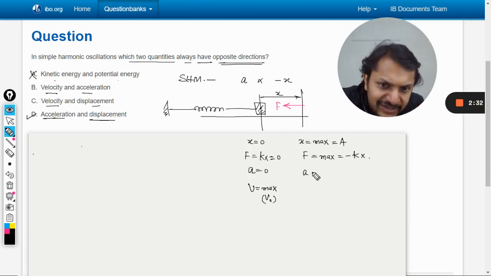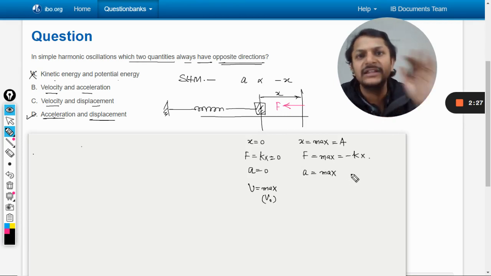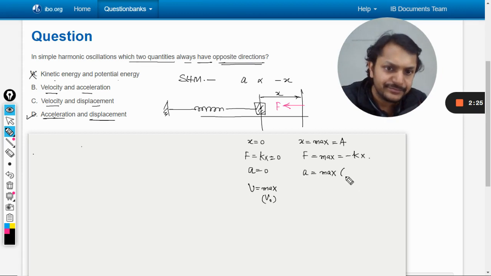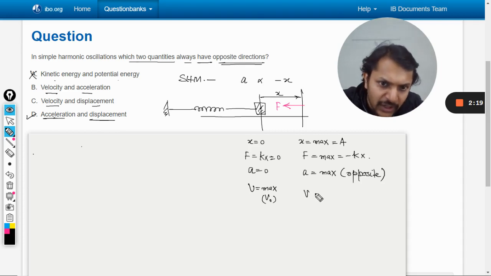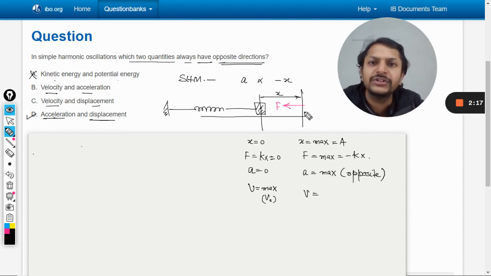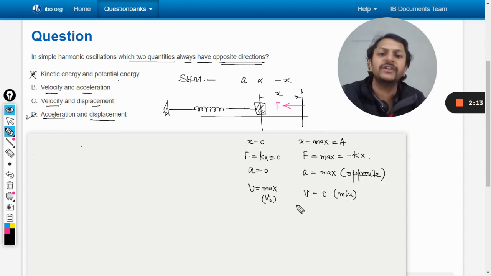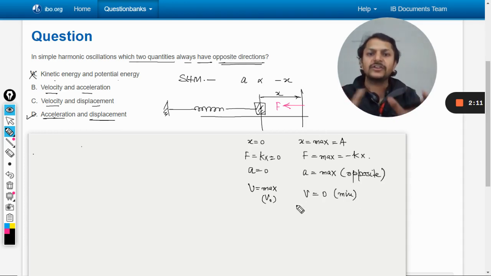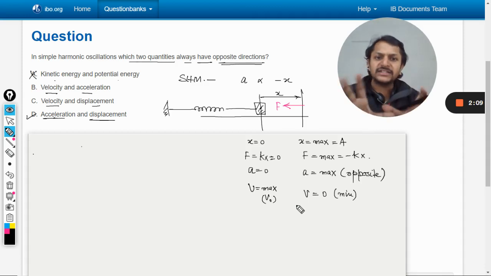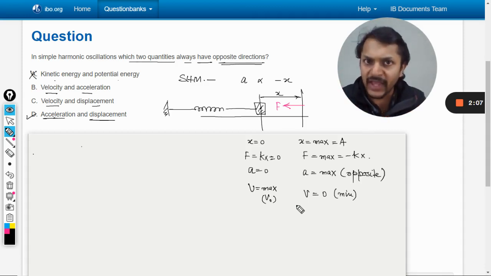So the acceleration will also be maximum here, and it will be in the negative, opposite direction. And what about the velocity now? Velocity at the extreme position will be equal to zero, which is the minimum possible velocity. So these are the two things, and this is how things are happening here.